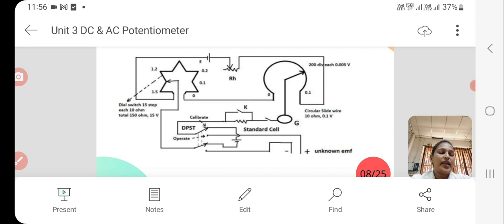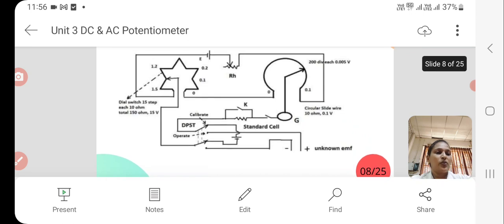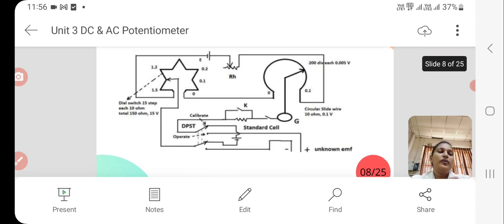After calibration, the DPST is connected across the unknown EMF source, so the unknown EMF cell gets added to the circuit. By moving the jockey, the sliding contact over the circular slide wire, we attain null deflection in the galvanometer.